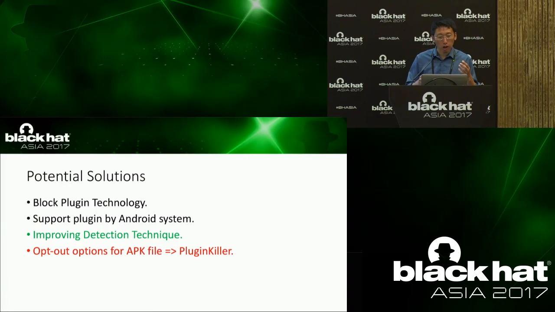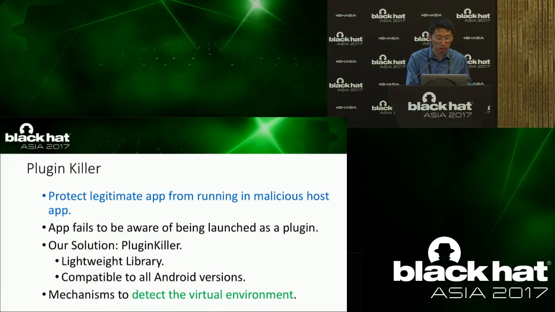And our solution is that we just want to give an opt-out option for the legitimate apps to let them detect whether they are running in the virtual environment as a plugin or not, and let them decide whether they want to be launched as a plugin or not.